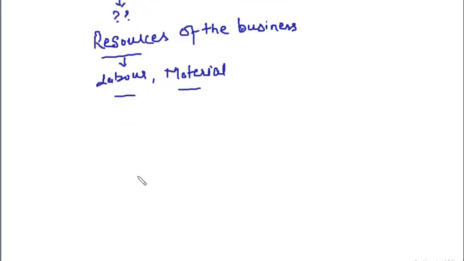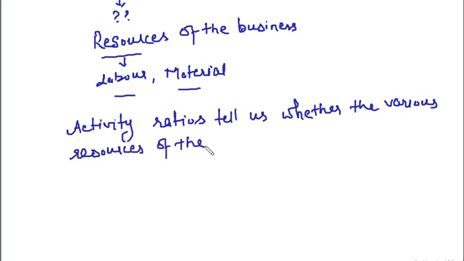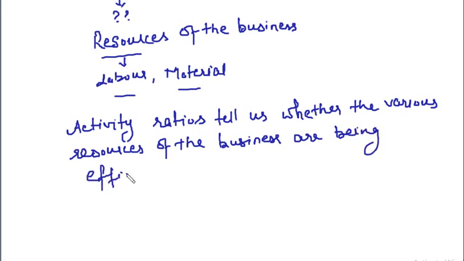right? So write this down. Activity ratios tell us whether the various resources of the business are being efficiently utilized or not, right?